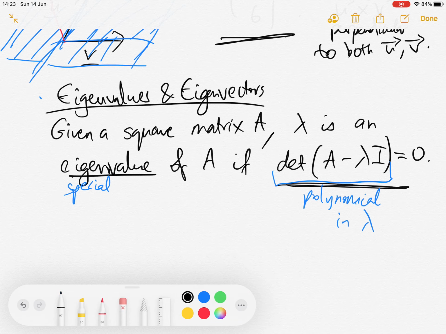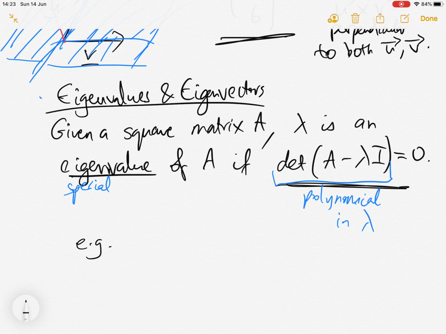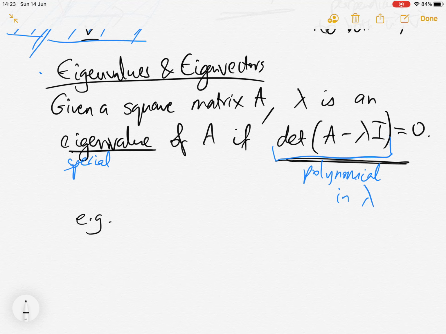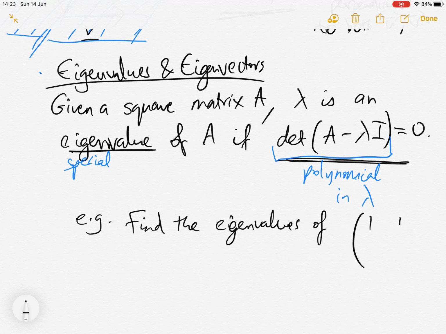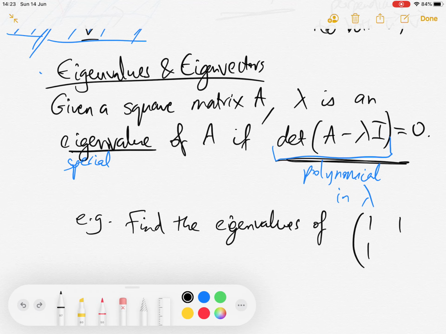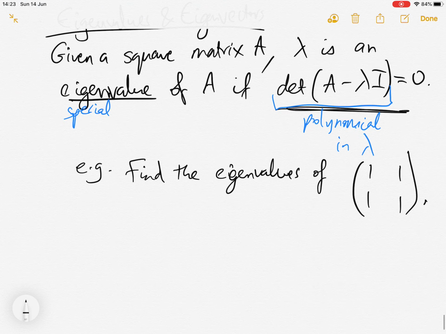So we'll just take a look at an example. Find the eigenvalues of the matrix (1, 1, 1, 2). Oh no, let's make it (1, 1, 1, 1). That's quite easy. So then the determinant of A minus lambda I. Well, lambda I is just going to be lambda, 0, 0, lambda.